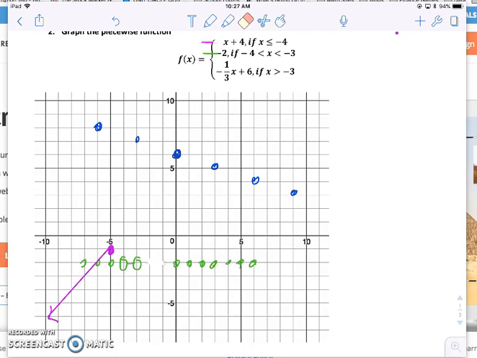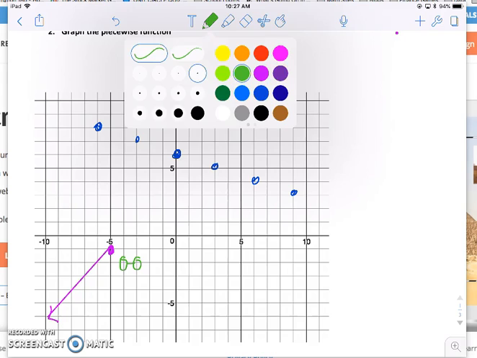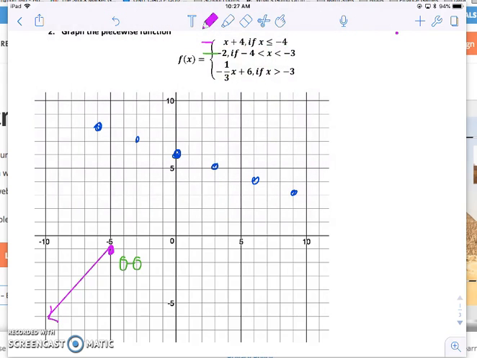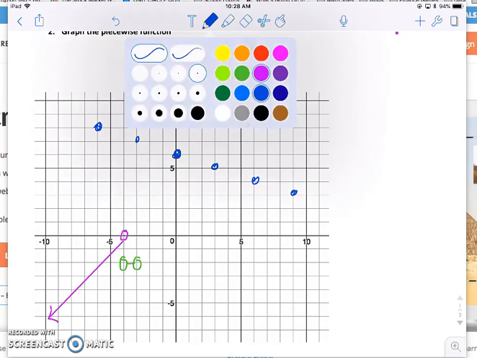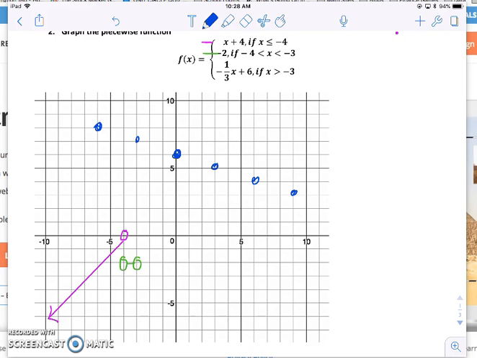So I can go now, and that's all we want this one, so we can erase those. And I think I got this purple one off by 1. So there we go. And then this last one, we want it when it's greater than -3.